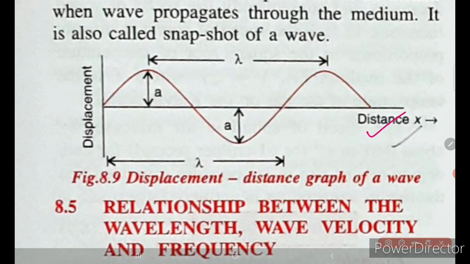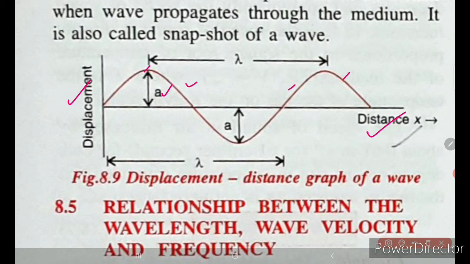Here we'll have the same kind of graph, because again the displacement is of the particles which are moving up and down, since we are talking about the transverse wave, right? So this is the amplitude, that is the maximum displacement of a particle shown in the graph along the y-axis, and along the x-axis the graph proceeds further.